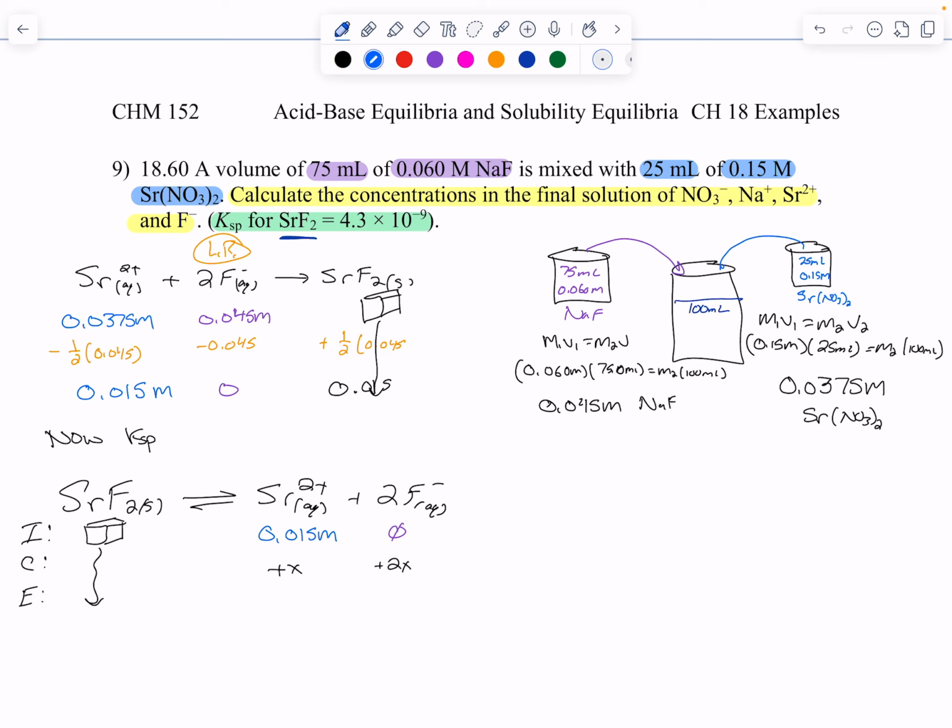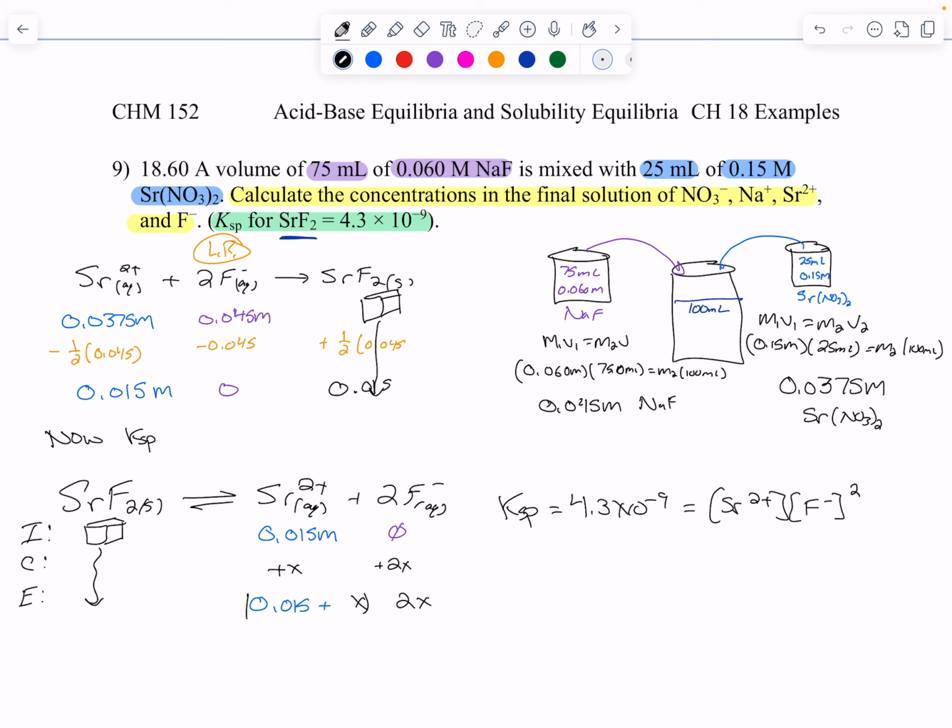So we would have 0.015 plus x and 2x. Now with this, Ksp is 4.3 times 10 to the negative 9, which would be equal to strontium concentration times fluoride squared.